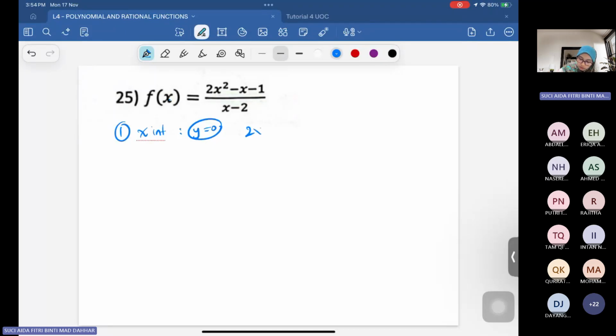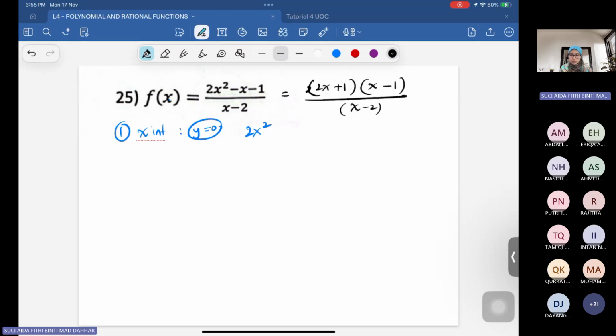I will have 2x squared. Wait, can this be factorized? Let's double check. 2x times x, 1 times 1. Negative, positive here.